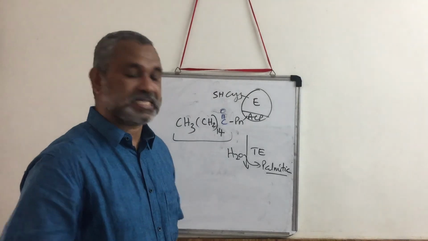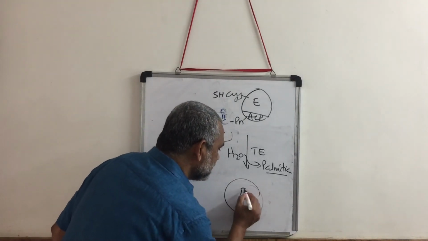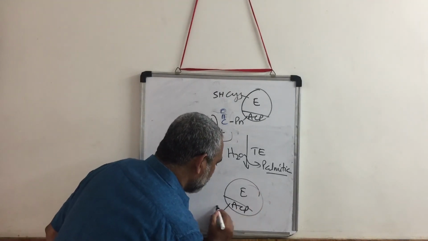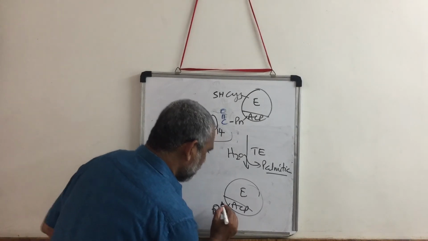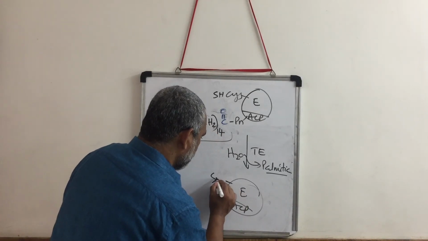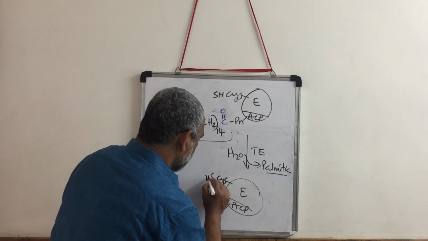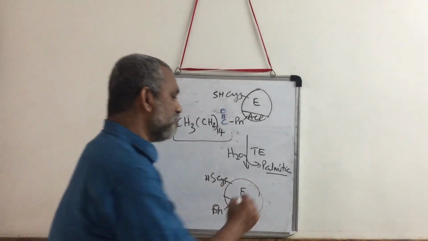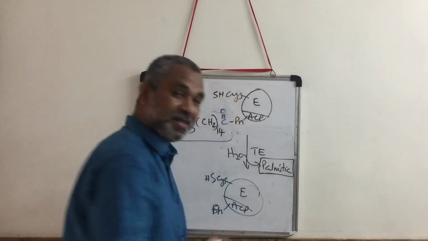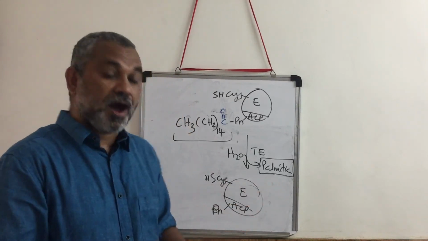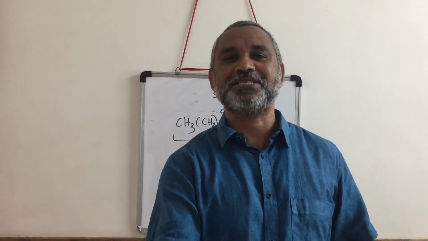Palmitic acid is released and the original enzyme is regenerated. We are interested in knowing how this 16 carbon fatty acid is synthesized. So this is how the entire process of fatty acid synthesis occurs.